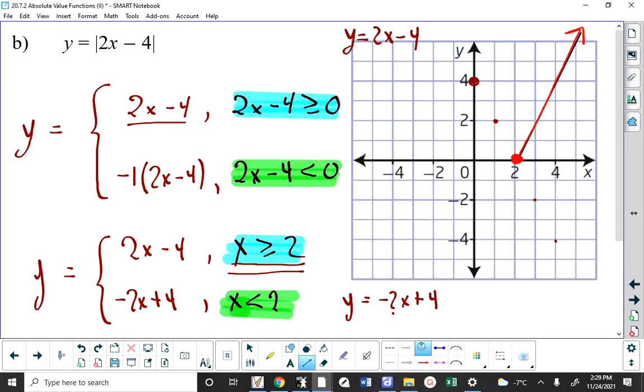So what this graph would look like would be this. But we want to look at the green subdomain. Is x less than 2 everywhere on that line I've just drawn? No. Is x less than 2 right there? No, it is not. It's equal to 2.